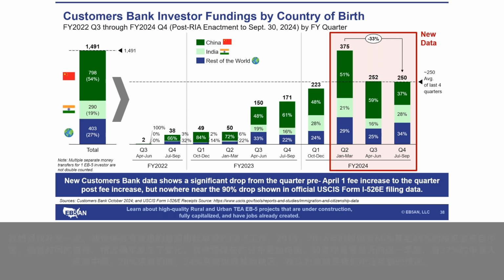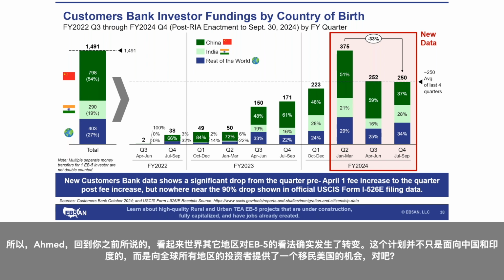And I think that's where we're going. So Ahmed, back to what you said earlier, it just really seems like there's a shift where the world is seeing EB-5 for what it is. It's not just specifically marketed to China and India, but it's really a global opportunity for investors to make their way into the US, right?